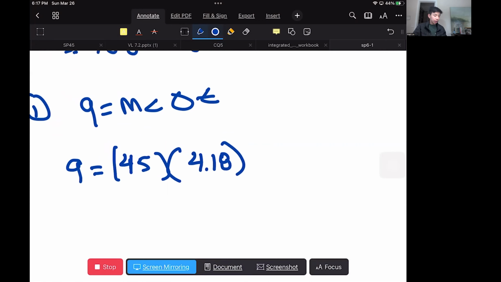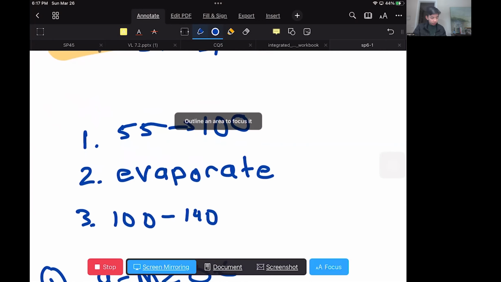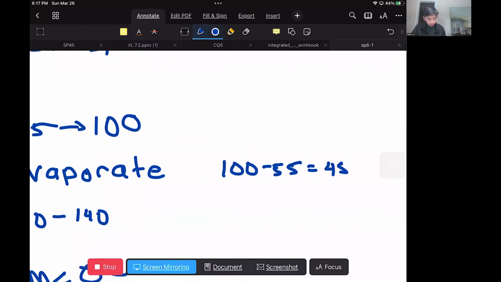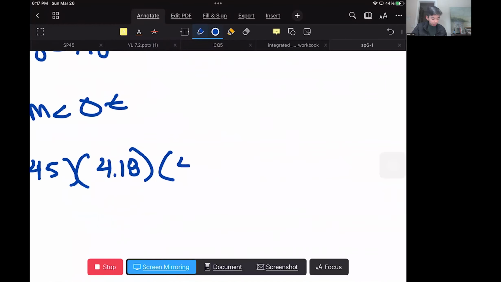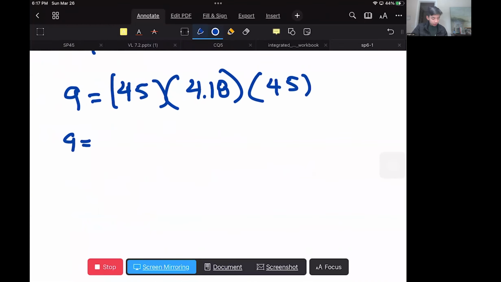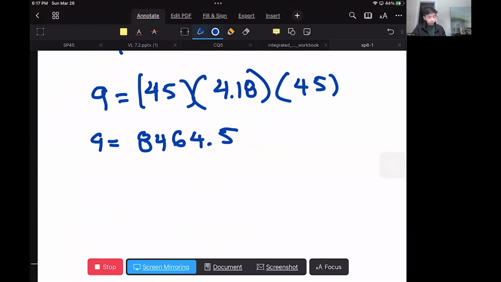And for the temperature change, since we're going from 55 to 100, we subtract the final minus the initial: 100 minus 55 gives you 45. So our temperature change is 45. Then Q, you multiply all this out, you should get somewhere near 8,464.5. That's number 1.